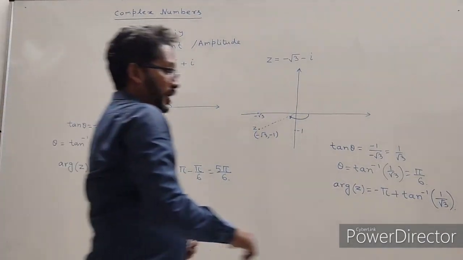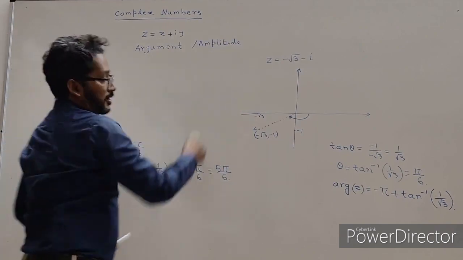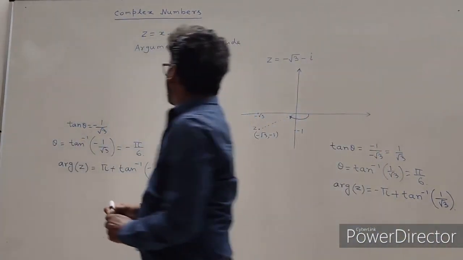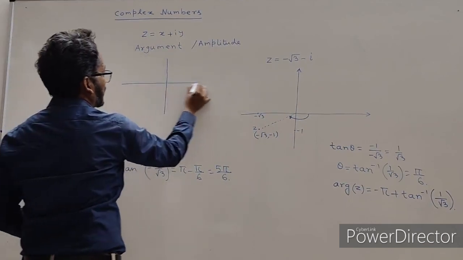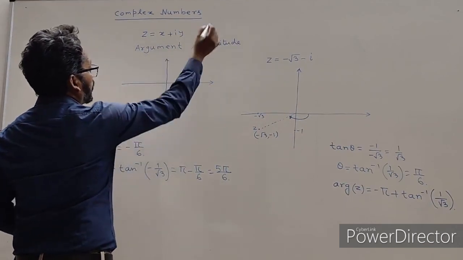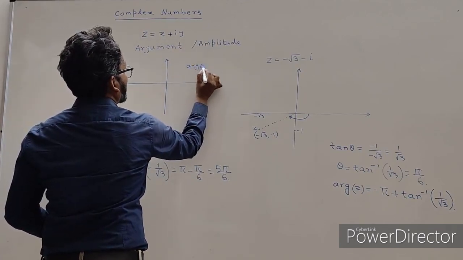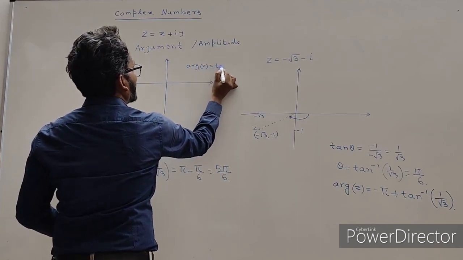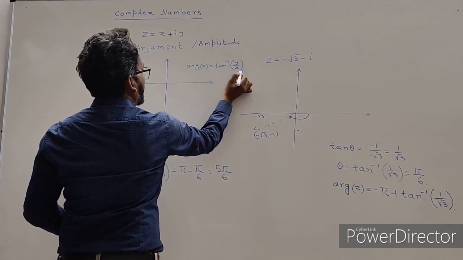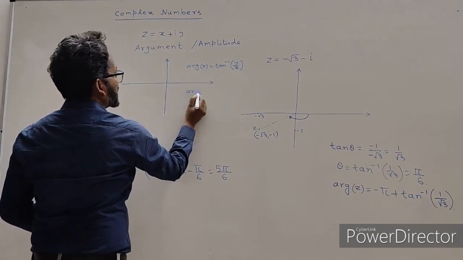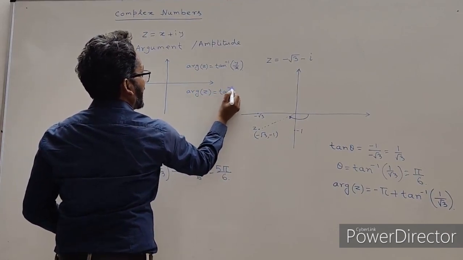Okay. So now what we can conclude is that for any z equal to x plus i y, when z is lying in the first quadrant, argument of z is tan inverse of y by x. When it is lying in the fourth quadrant, argument of z is tan inverse of y by x.